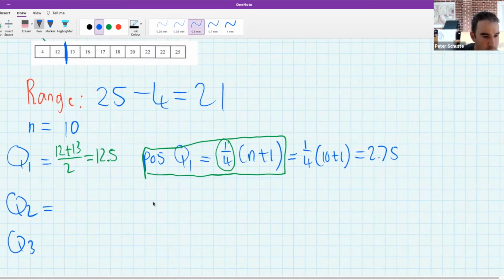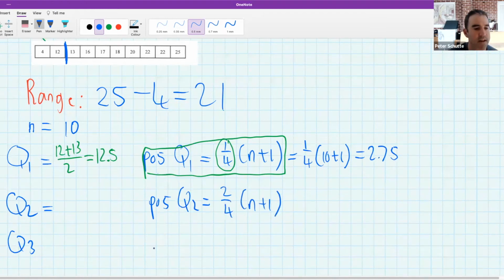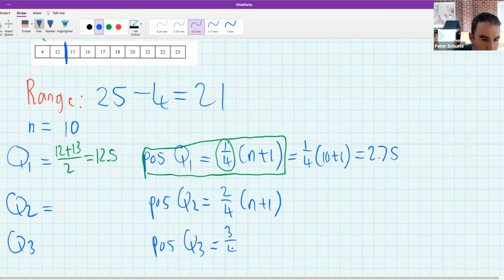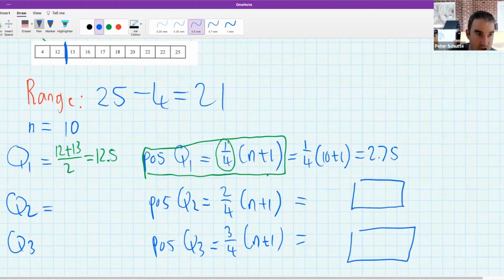So for Q2, to find the position of Q2, sometimes people will use a half, or 2 over 4, that's also fine, times n plus 1. To find the position of Q3, we use 3/4 times n plus 1. Now, what you guys are going to have to do is work out the position of these things in the data set. And then after you found the position, I want you to find the value of the second quartile and the third quartile. And then we'll go from there.